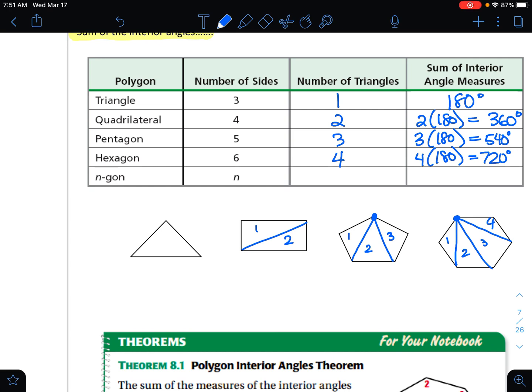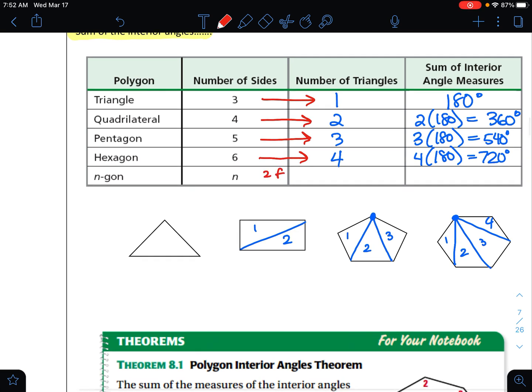Okay, so I don't want to have to draw triangles for all my shapes. I don't want to have an 8-sided shape and draw triangles. So let's come up with a formula. So I want you to notice the relationship between the number of sides and the number of triangles. So can you see there are always 2 fewer triangles every time?